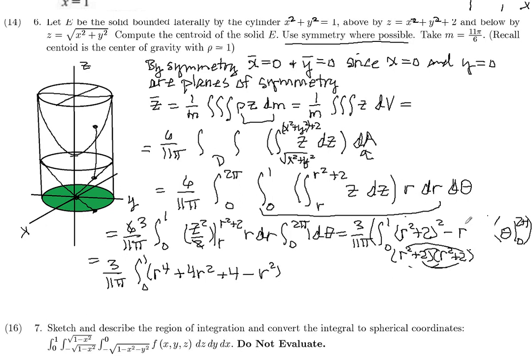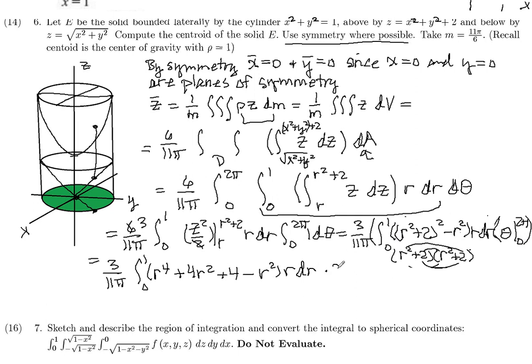So this is minus r squared. And then this gets multiplied by r dr. So this still has r dr. And then plug in 2 pi, plug in 0 for theta, subtract.